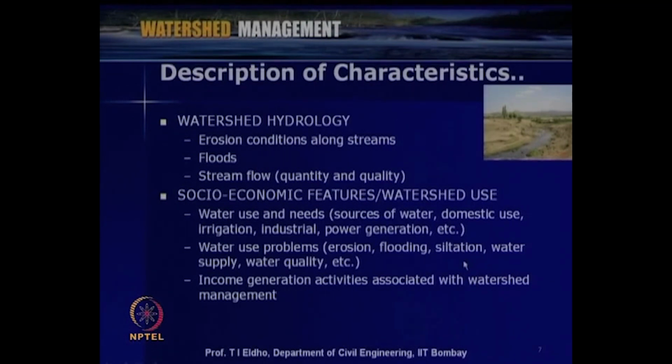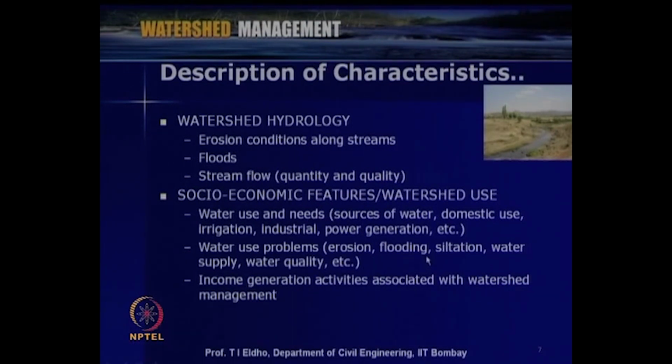Then as far as water supply for domestic or industrial supply is concerned, what is the condition of the quality of the water, so water quality. Then another important aspect which we always have to deal with is the economic aspects, that means the income generation activities within the watershed.